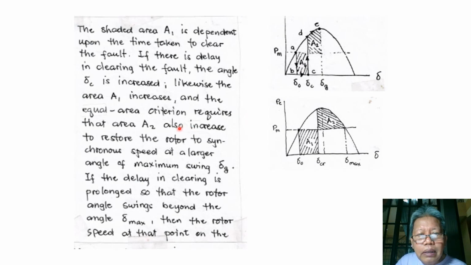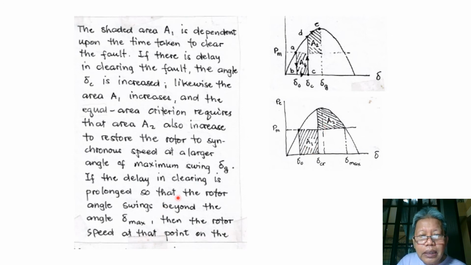And the equal area criterion requires that A2 also must increase, to restore the rotor to synchronous speed at a larger angle of maximum swing delta G. So when area 1 increases, area 2 also must increase, so that delta G will also move to a new value such that A2 would equal A1.